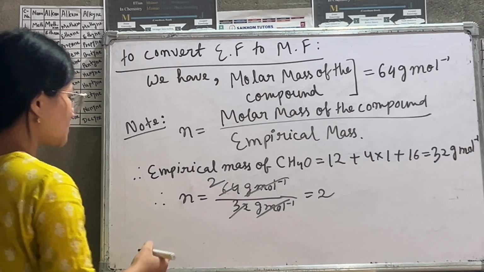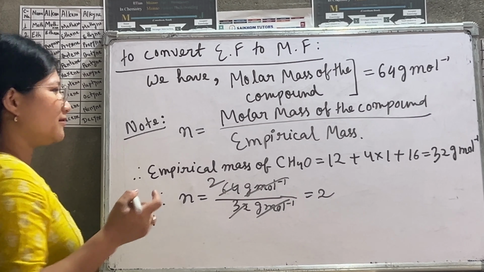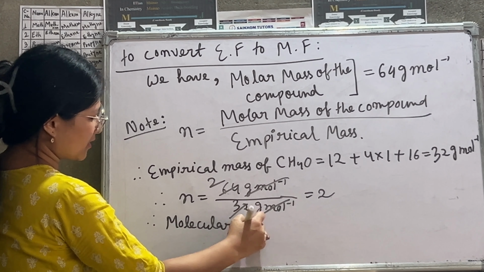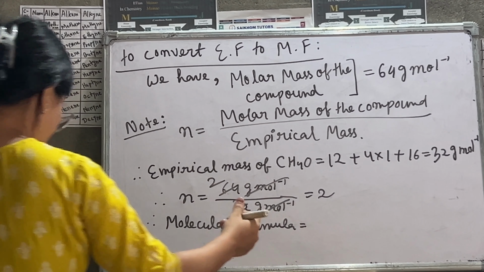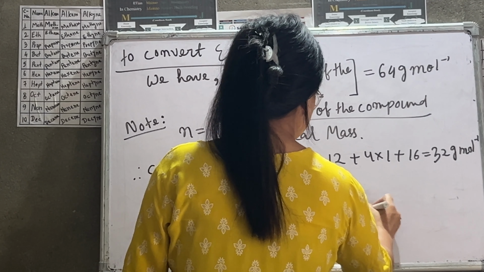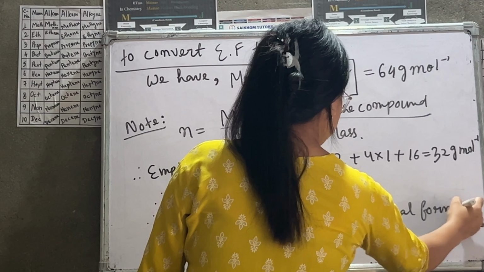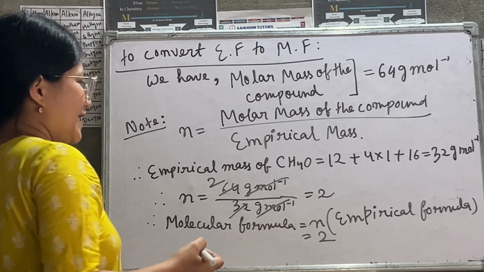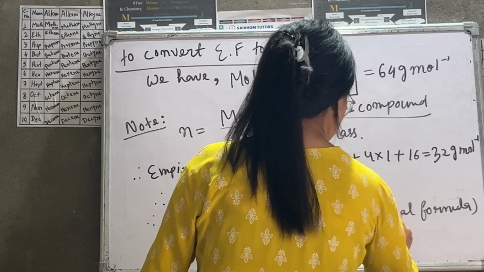Clear? So next, we can calculate the molecular formula. Molecular formula equals n into empirical formula. So the value of n is 2 and the empirical formula is CH4O.